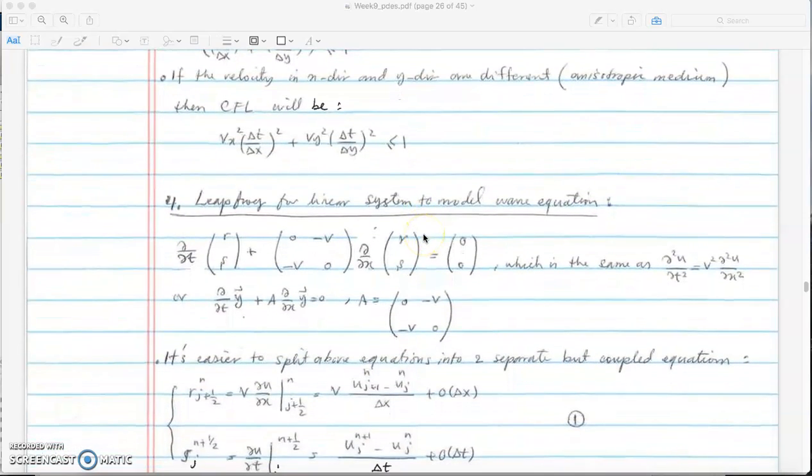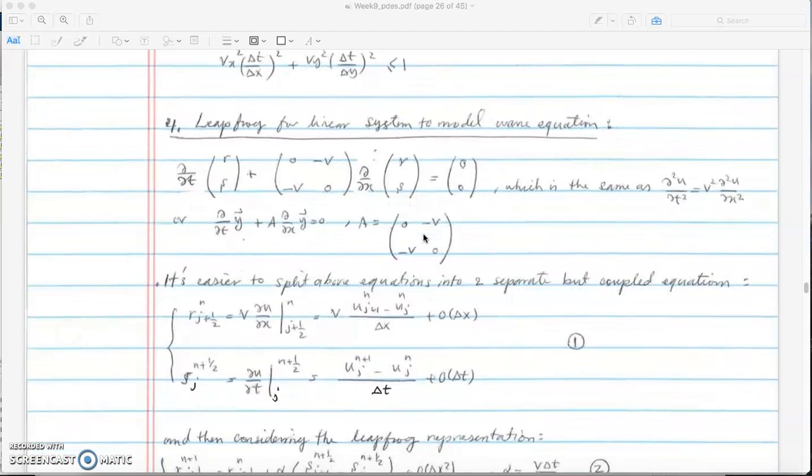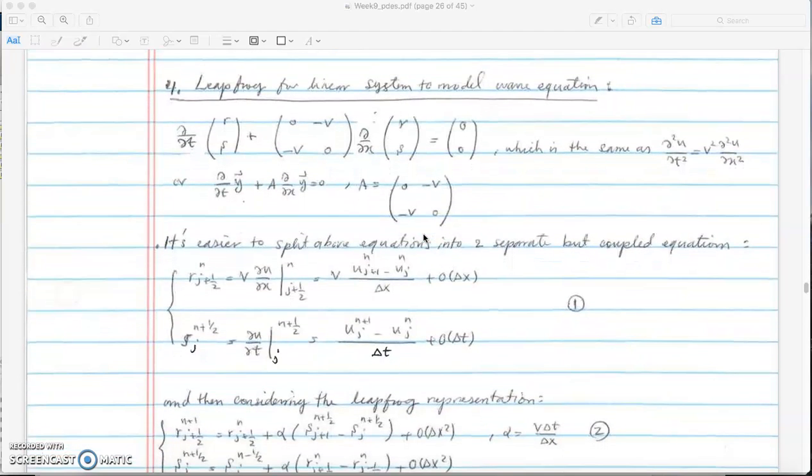Now going back to Leapfrog, we're going to show you how we can discretize this wave equation in Leapfrog. Remember, we converted our second order differential equation to a first order system, where instead of having u as the only unknown, we're going to have r and s and then u, but the system is going to be first order.